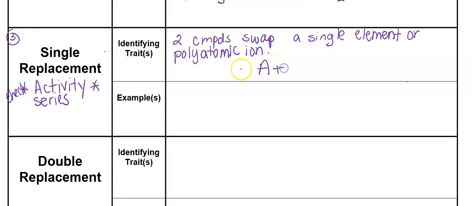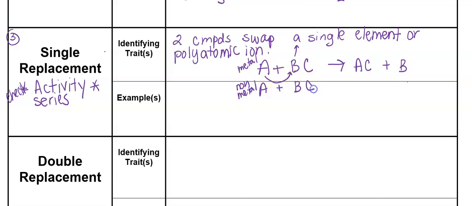If I have a single element and I have an ionic compound or molecule, depending on what this is. So if A is a metal, it's going to swap the metal spot, and then you'll be left with A, C, and then B on its own. However, if A was a nonmetal, it will not take the place of the metal spot most of the time unless it's a hydrogen, but it'll take the place of that nonmetal, and then you'll be left with C on its own and BA written.